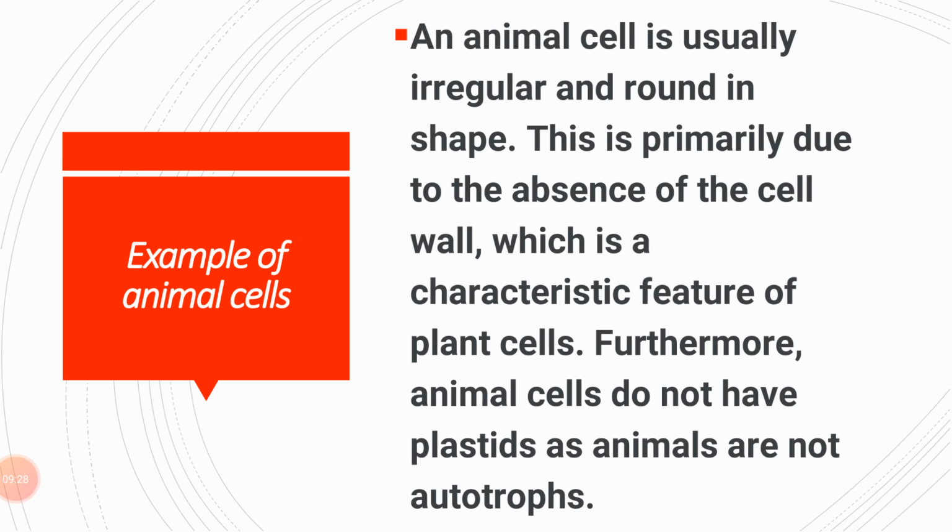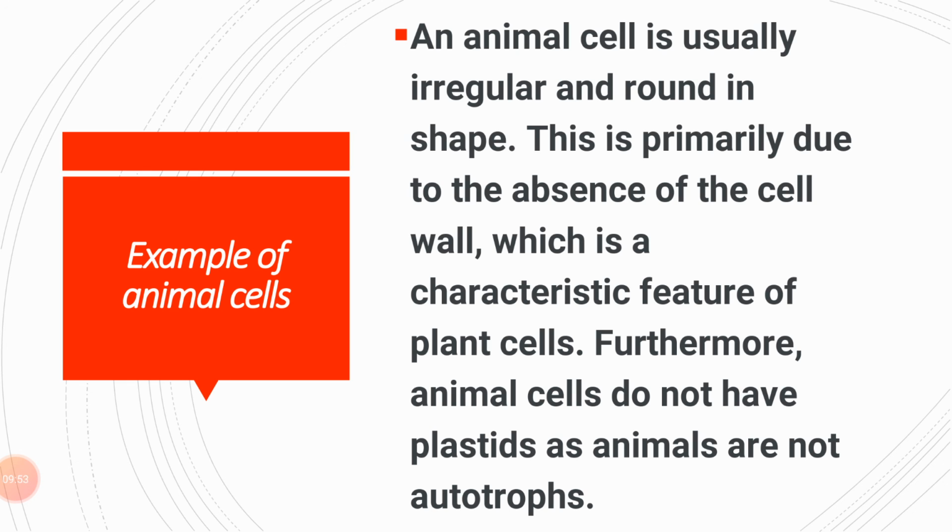This is because plants are rigid in structure. They are erect, they have to stand in their own place, and they are elongated. That's why. Plant cells have a fixed shape, and animal cells have no fixed shape. That's why plant cells have the cell wall.